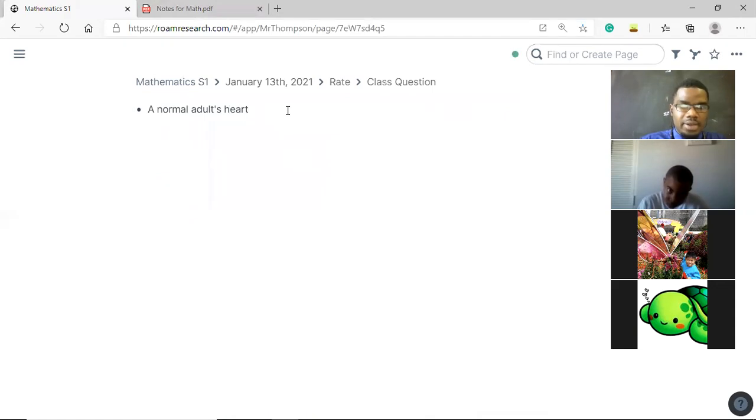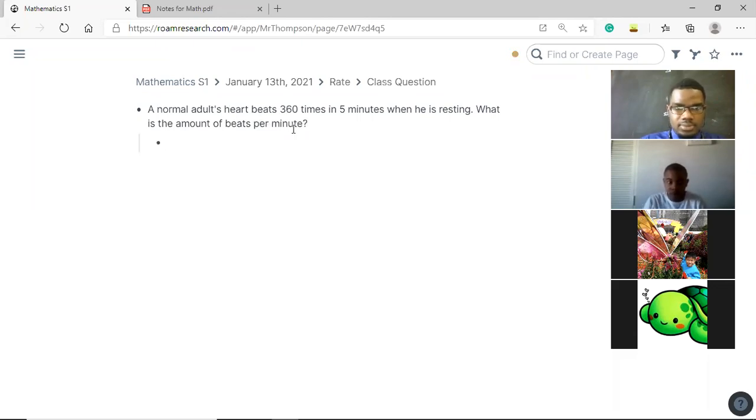Right, so a normal adult's heart beats 360 times in 5 minutes when he is resting. What is the amount of beats per minute? This is called the normal heart rate.